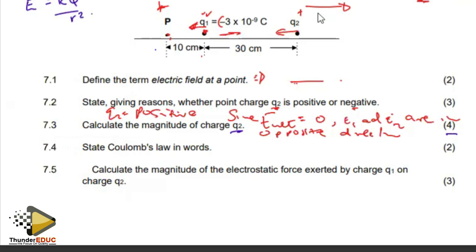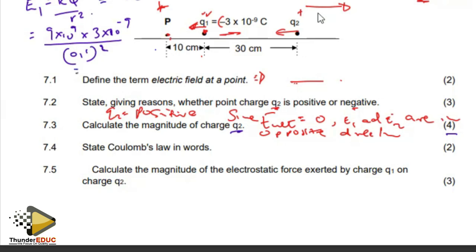So I'll start with the first one, which is Q1: 9 times 10 to the 9 multiplied by 3 times 10 to the negative 9, divided by 10 changed to meters, that's going to be 0.1, squared. Now, since we know that our E net is 0, the E1 must be the same as the E2.